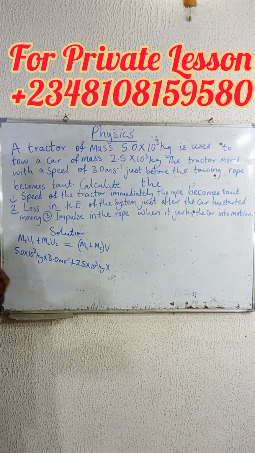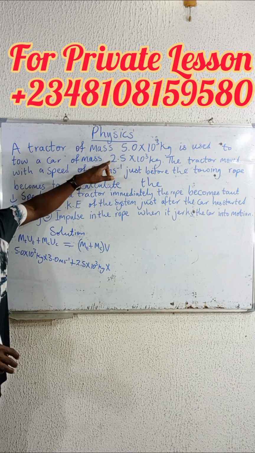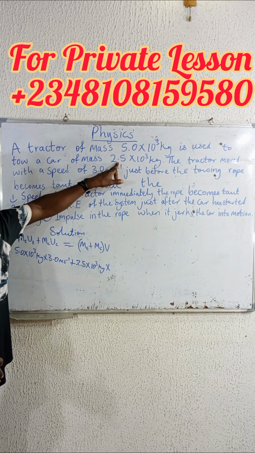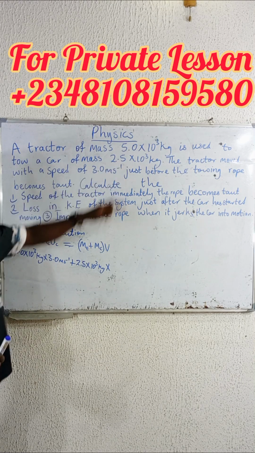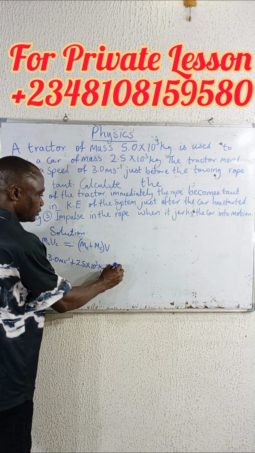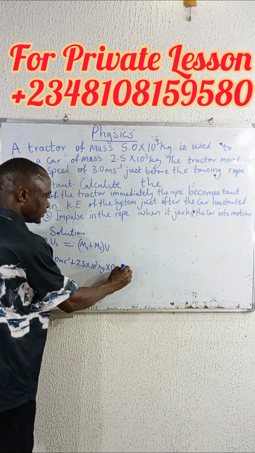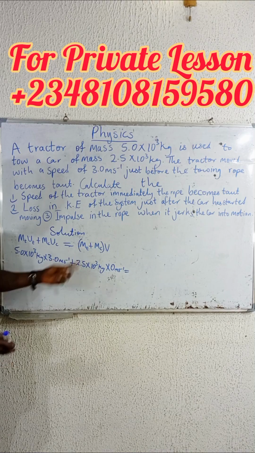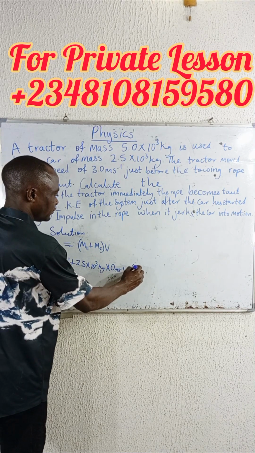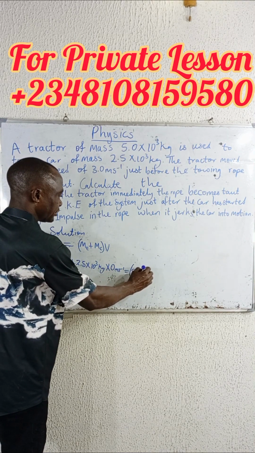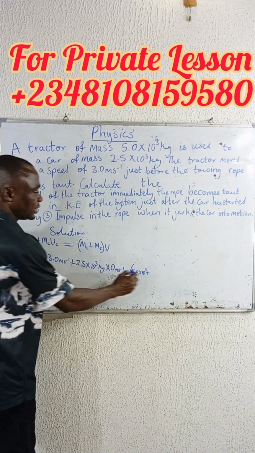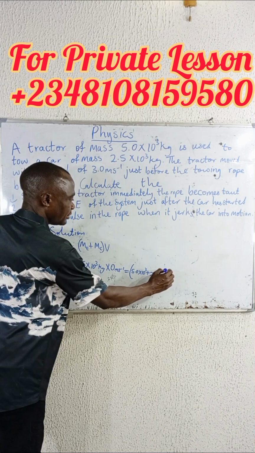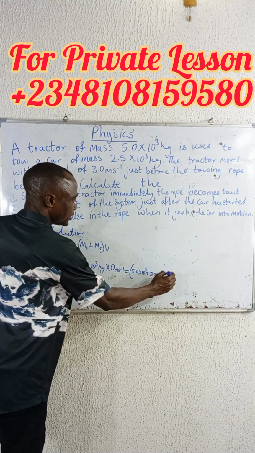The car was not moving because it is being towed by the tractor, so its initial velocity is zero meters per second. This is equal to the mass of the tractor, 5.0 times 10 to the power 3, plus mass of the car, 2.5 times 10 to the power 3, times their common velocity V.